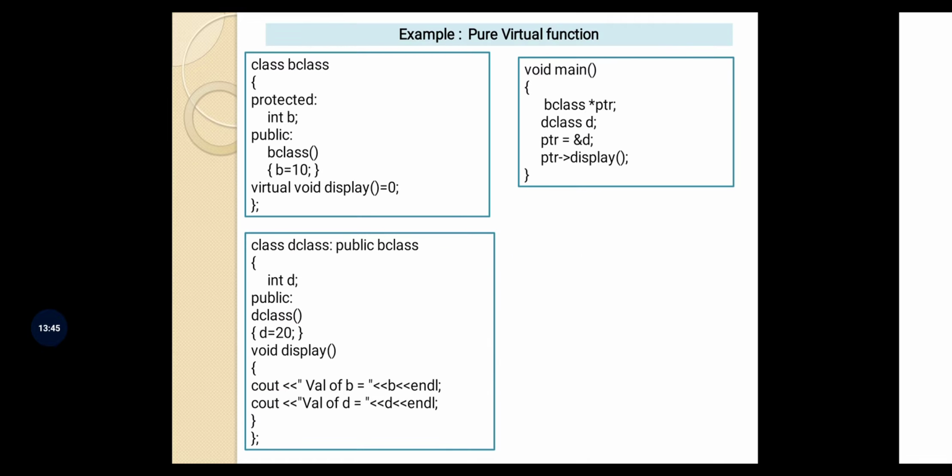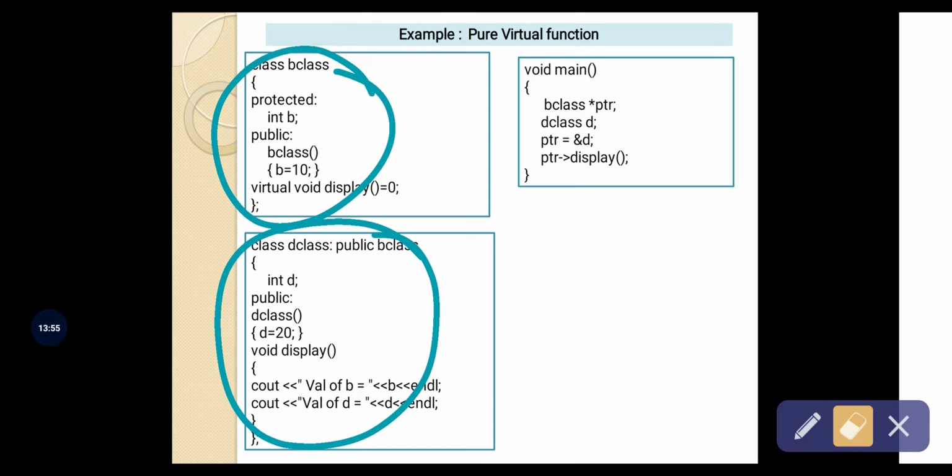So let's look at a small example of a pure virtual function. In this case, I have created a base class and a derived class, right? In the base class, I have defined a virtual function, which is a pure virtual function, and I need to make sure that I write an implementation for this in my derived class.